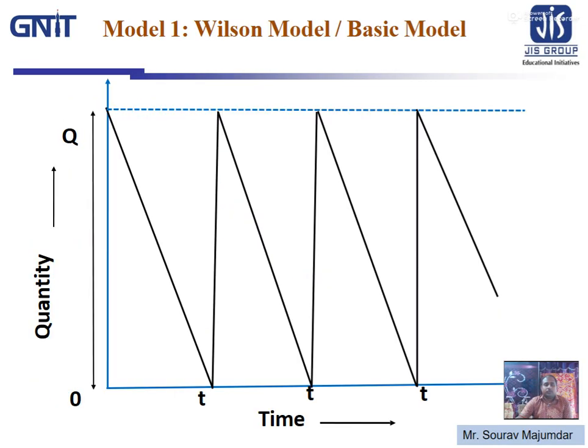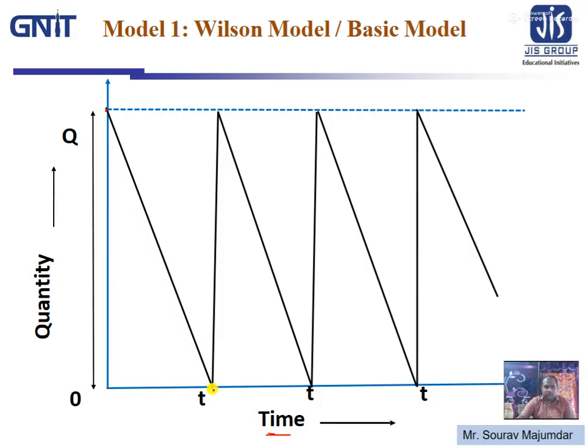So if I put it in a curve, you can see that the x-axis represents the time and the y-axis represents the quantity. This is the starting point. It will start from quantity Q, and as time goes on, the quantity gradually decreases.